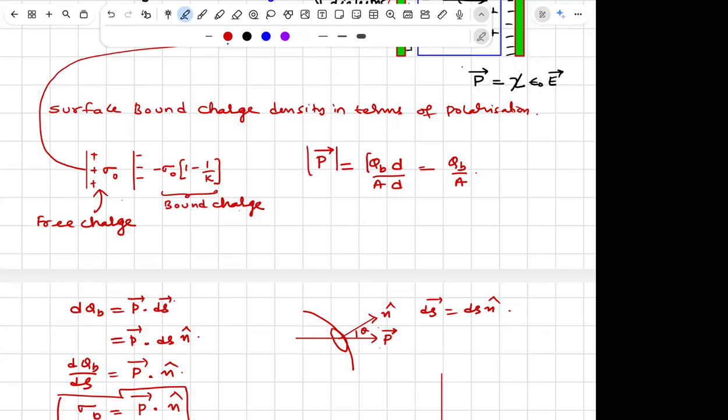What is this, dipole moment by volume? What is Q bound? This is nothing but sigma bound.